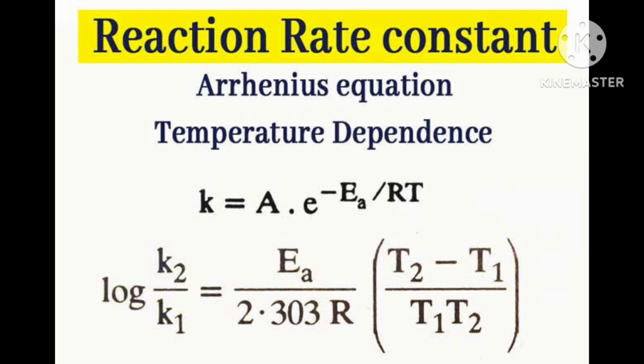And also I discussed that suppose the balanced equation is small a capital A plus small b capital B equals small c capital C plus small d capital D. In this type of situation, what will be the rate of reaction in terms of A, B, C, D? You have to consider the coefficient.